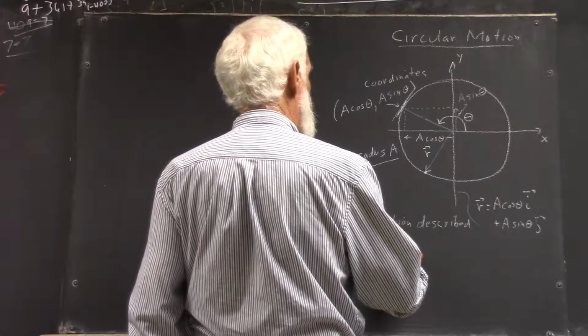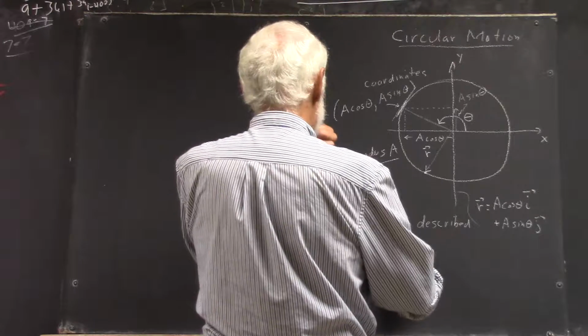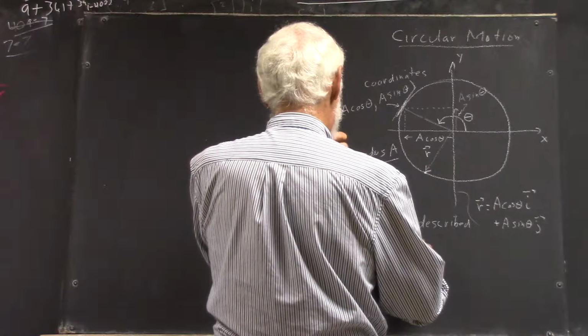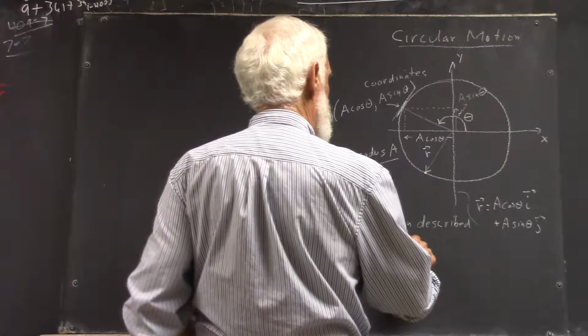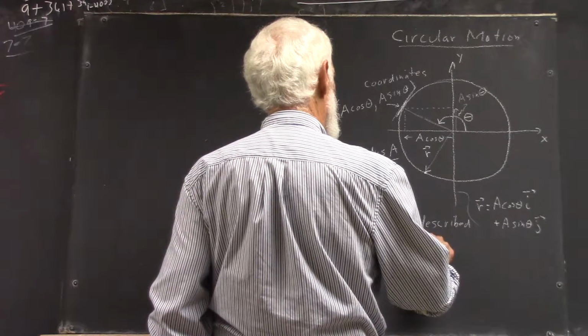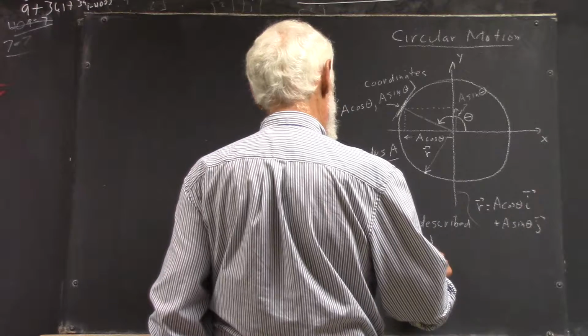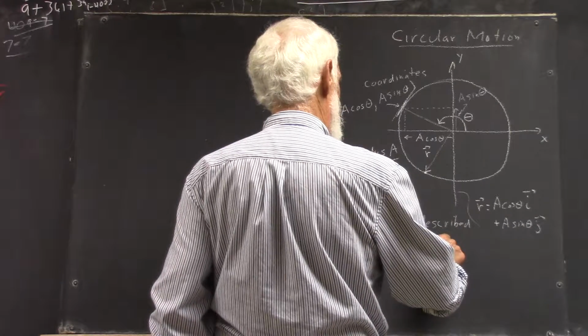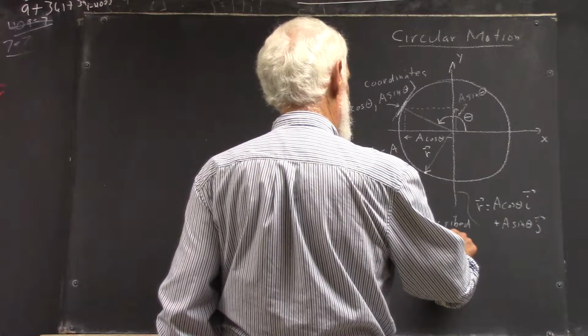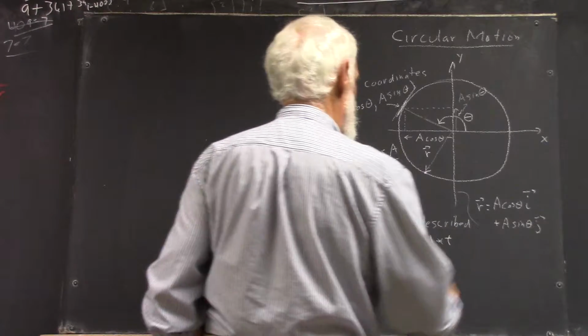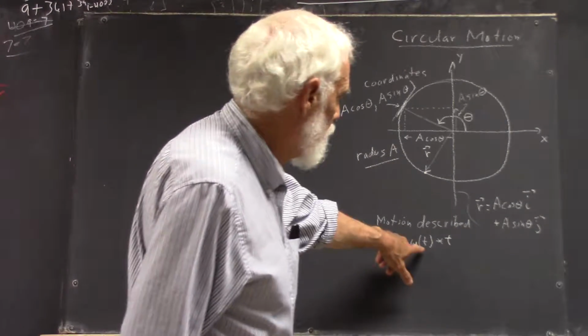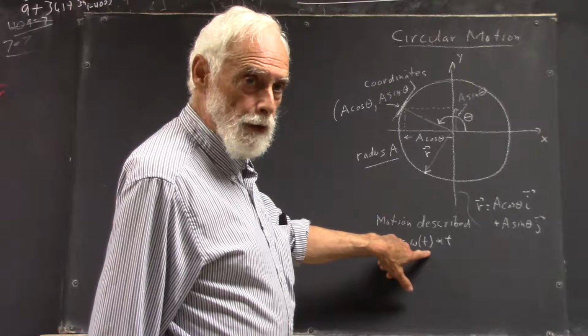Theta of t equals omega of t times t, where omega is considered to be a function of time.